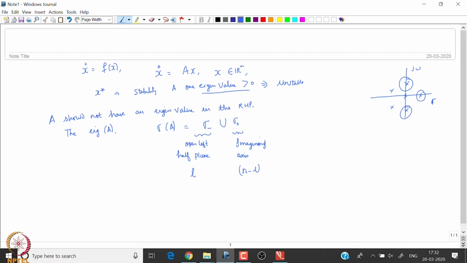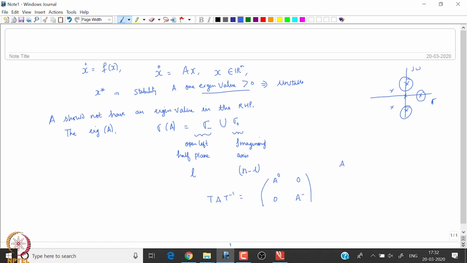Okay. Now, what we know is that we can do some similarity transformation on A of the form T A T inverse, which will split my A matrix exactly in the form where I can explicitly write down the eigenvalues on the imaginary axis and another component which has eigenvalues in the open left half plane, right.